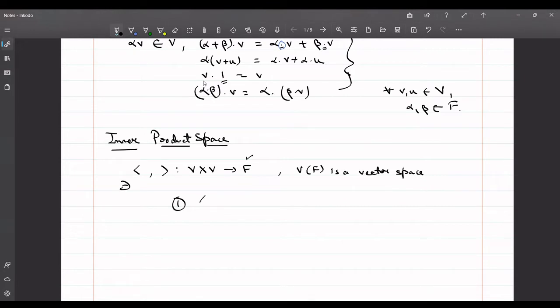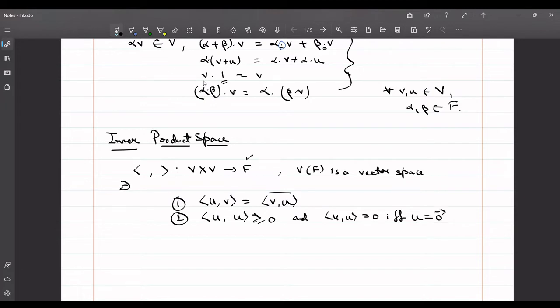Point number one: the mapping of (U, V) equals the conjugate of the mapping of (V, U). Number two: the mapping of (U, U) is always greater than or equal to 0, and equals 0 if and only if U is the zero vector.